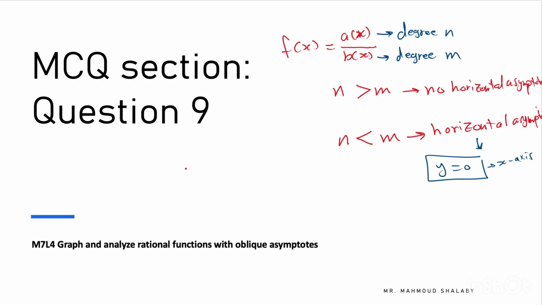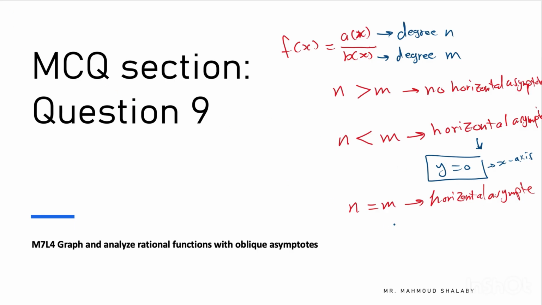And the last case is when n equals m, like they have the same degree. If they have the same degree, in this case, again, there will be a horizontal asymptote. However, it will not be y equals 0.